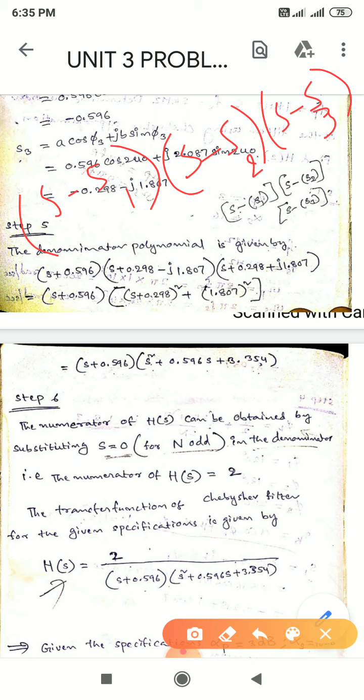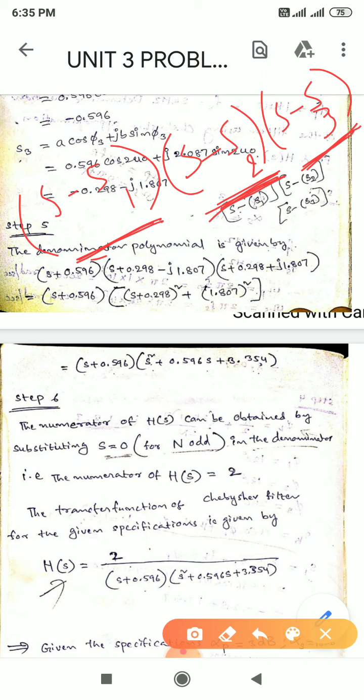Here, this denominator polynomial can be obtained by representing it as the product of roots, the product of single poles.